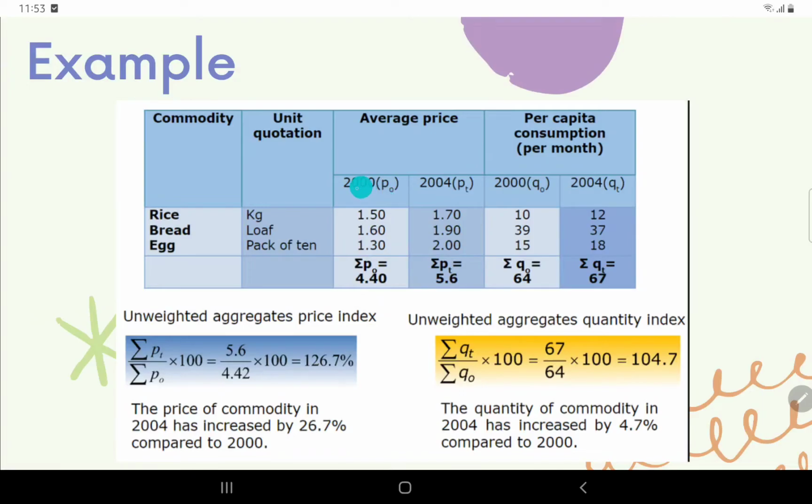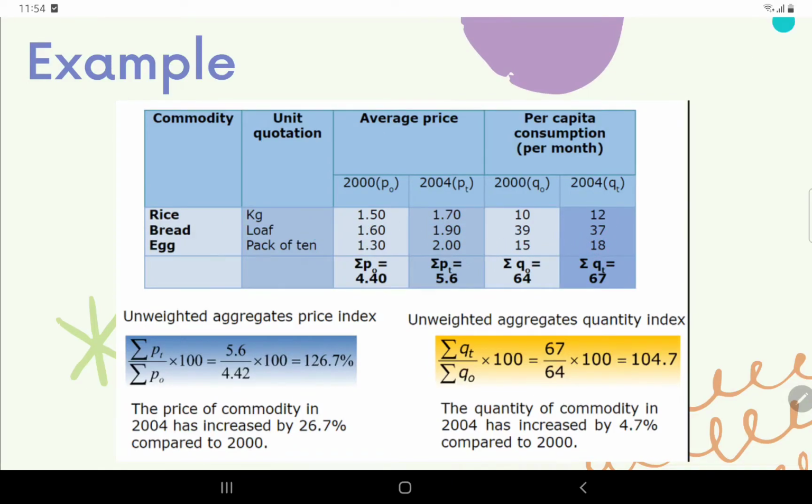Here 2000 is P0, because 2000 is our base year. So PT here, 2004 is our current year. Ini base kita. Yang ni base untuk quantity, ini base untuk price. Ni current year untuk price, current year untuk quantity.